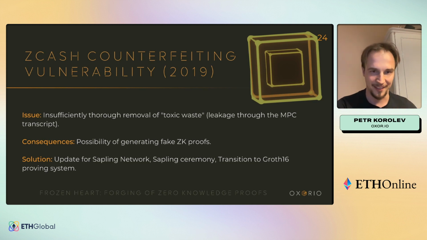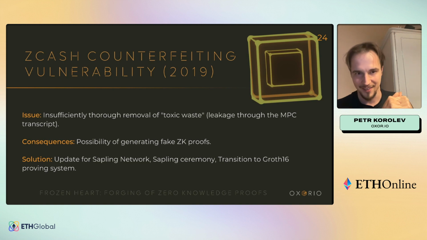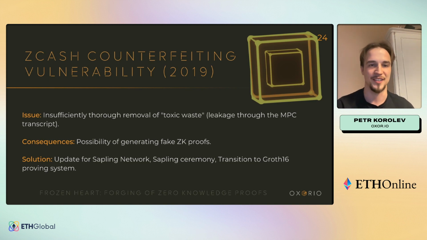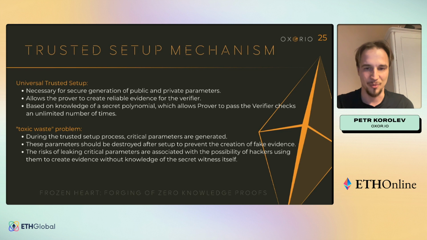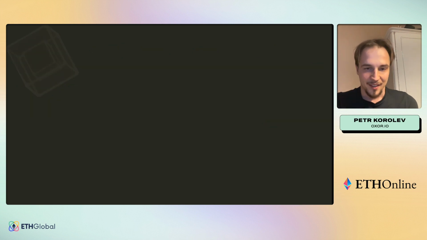Later, researchers from Zcash found that you could recover the toxic waste, generate proofs, and emit as much money as you want. Luckily, they fixed it in the next update, and nobody was affected.